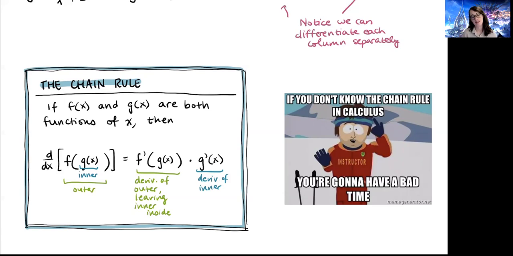There are other times where we will use the chain rule later on in chapter 4 when we look at exponential functions and logarithmic functions. But for now, the only kind of function that the chain rule will apply to are functions that look like something to a power, where the something is more than just x. So let's have a specific formula or statement for the chain rule in this context.